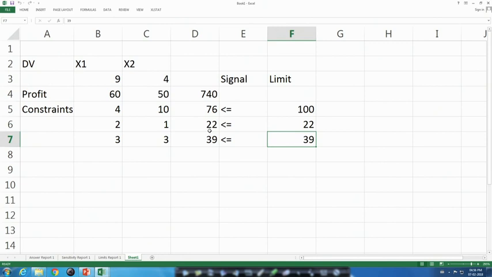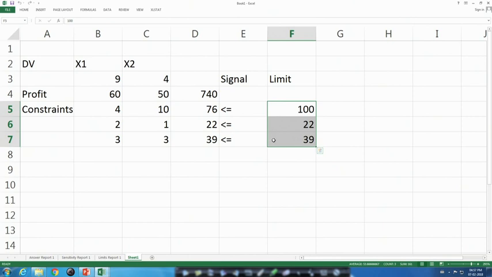Now, coming to the sensitivity part. The process will start from here. With respect to whatever optimum solution we have reached, we like to change some requirement, some kind of structuring, that may be with respect to the objective function, or with respect to the constraints. For instance, here the constraint inputs are 4, 2, 3, 10, 1, 3, for x 2 and x 1 respectively, and then the coefficients of the objective function are 60 and 50, and the limits of the constraints are 100, 22, 39.